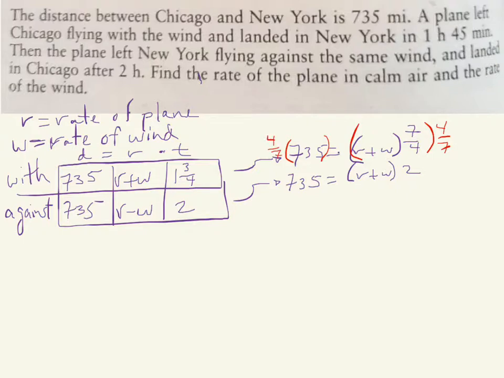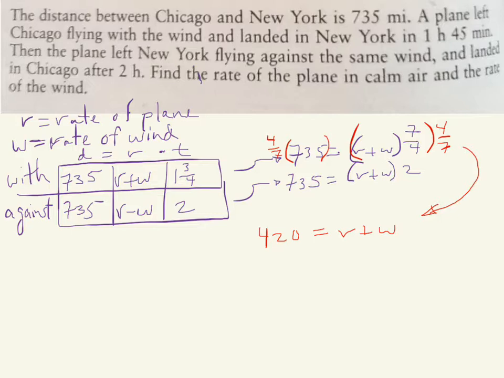So what I'm going to get is 420 equals R plus W. See that? This one eventually changes to this. I tried to get rid of fractions. You could have actually multiplied by 7 and gotten rid of fractions, but it just so happens that 7 goes into 735, so it works out.